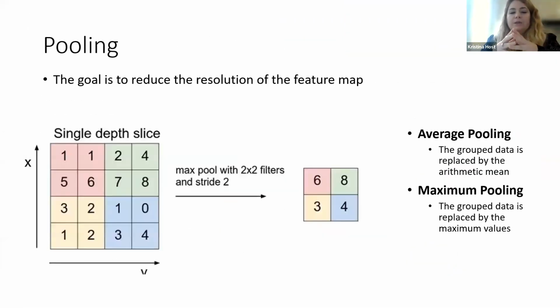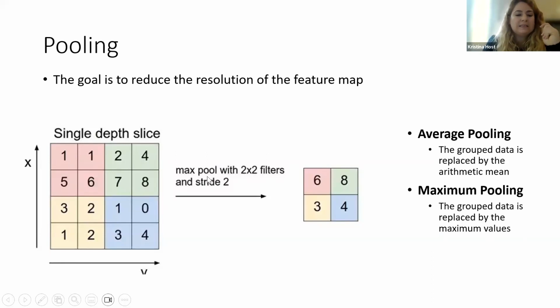We have two most famous types: average pooling, when a group of data is replaced with the arithmetic mean of the numbers, or max pooling, where we find the maximum to pool these feature maps. We will use max pooling today.